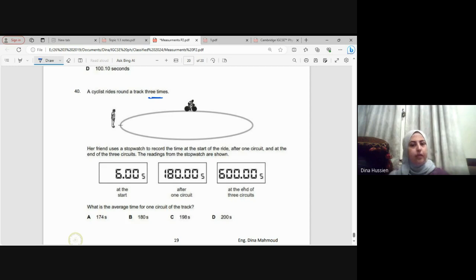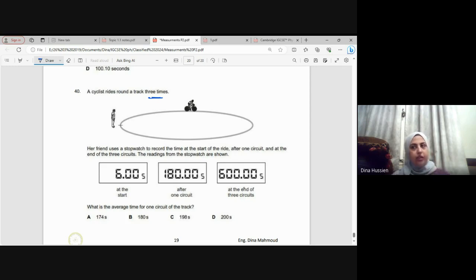At the beginning, she started at 6 seconds. This means she didn't start from 0. It means I have a zero error of 6 seconds, so there's a difference of 6. After one circuit, she completed one full lap in 180 seconds.